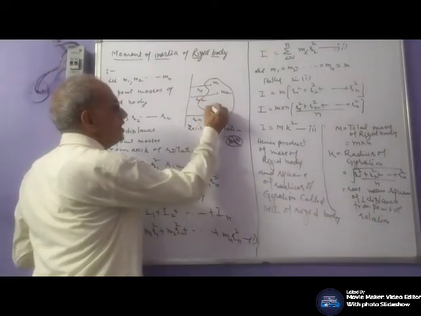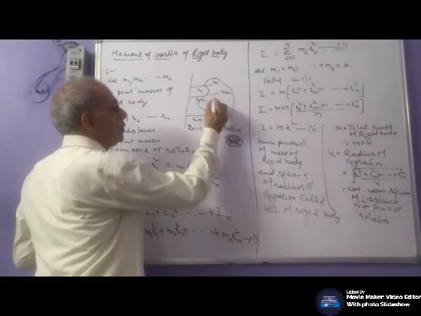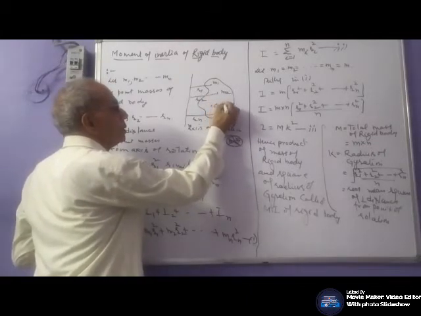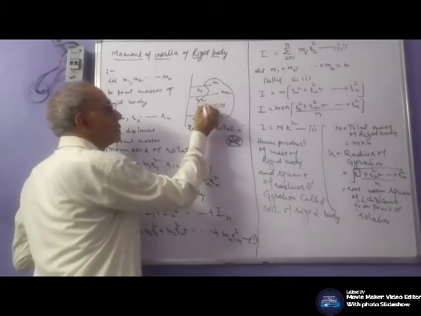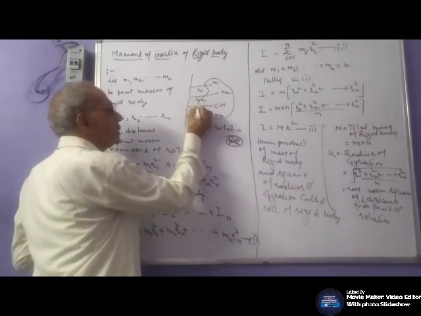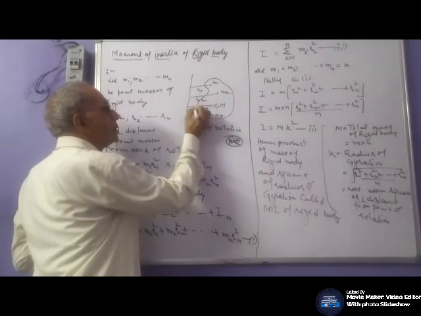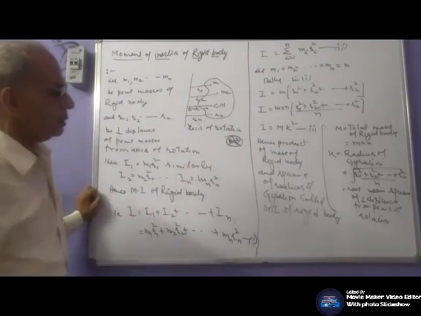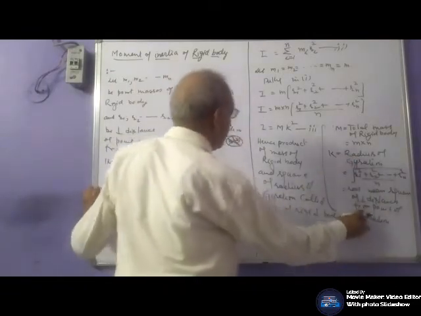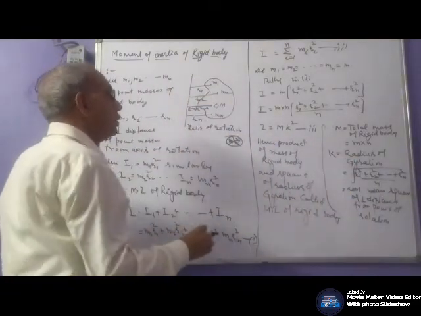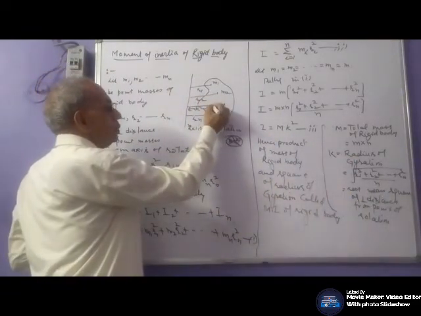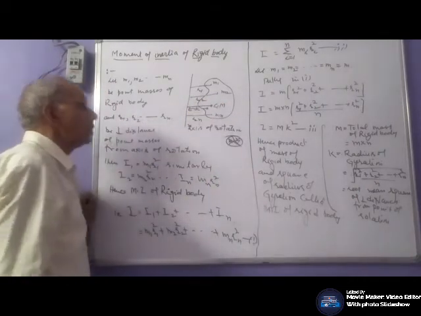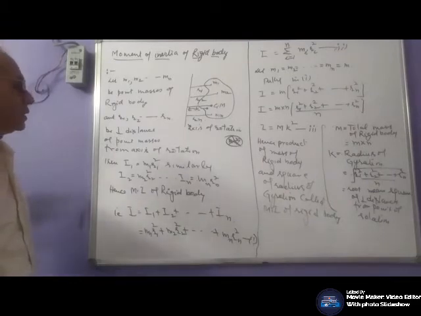Here it is CM, center of mass. This is K. This is the definition of K. The total mass is supposed to act at this place. So this is the radius of gyration.